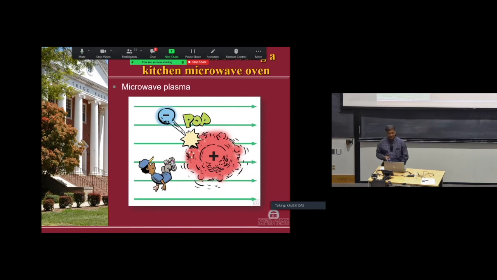And we have calculated how much rotational energy the water molecules can gain from that microwave. Because for the microwave, you know the frequency and the power. From that you can calculate, and the moment of inertia of water molecules is known.